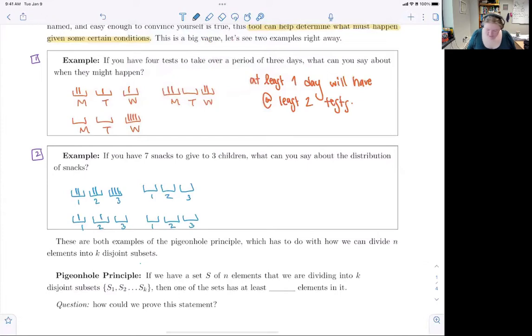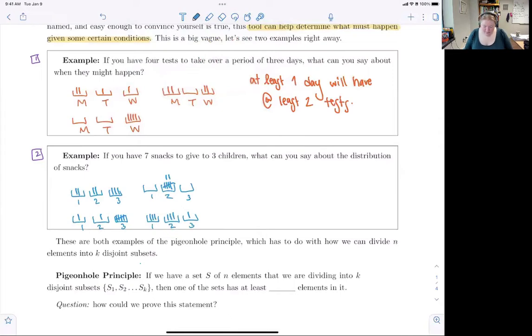I could give 1 to each of them, and then 3, 4, 5 to child 3. Or maybe I really like child 2 the most. Oops, 4, 5, 6, 7. Give them all to child 2, and so on and so forth. Maybe I do 1, 2, 3, 4, 5, 6, 7. Here are 4 different ways to distribute 7 snacks to 3 children.